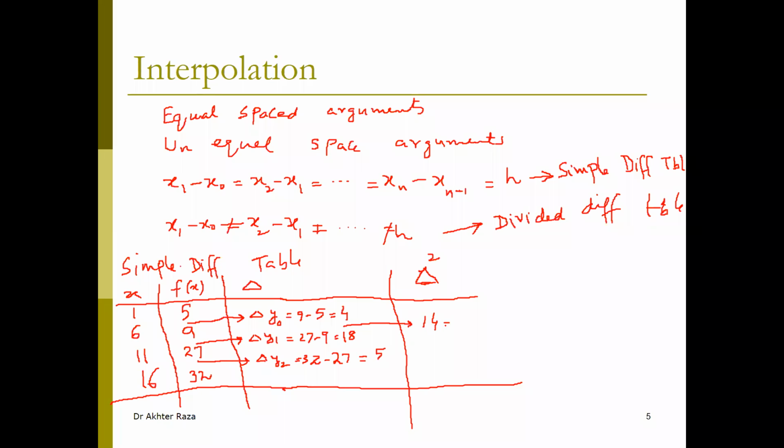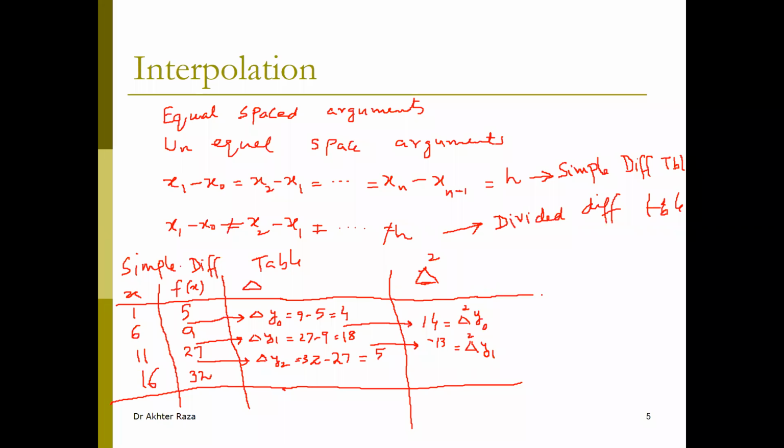This is represented by delta square y naught. Then it is 5 minus 18, which is minus 13. This is represented by delta square y1.